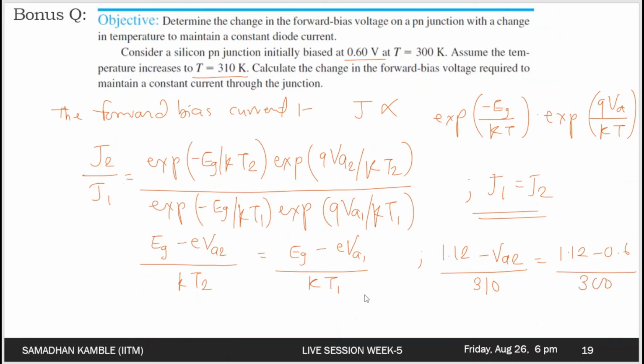So the k is cancelled, and after the simplification we'll get the value of VA2, the forward bias voltage required to maintain a constant current through the junction, as 0.5827 volt.